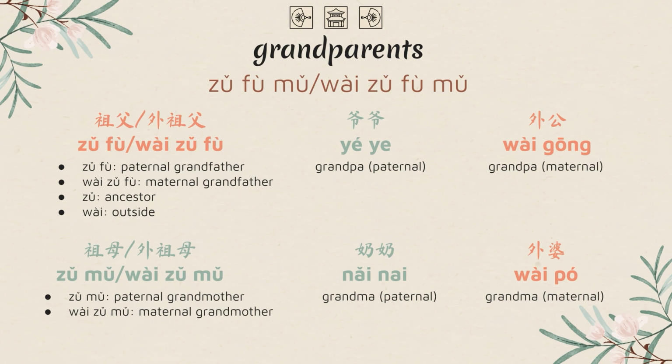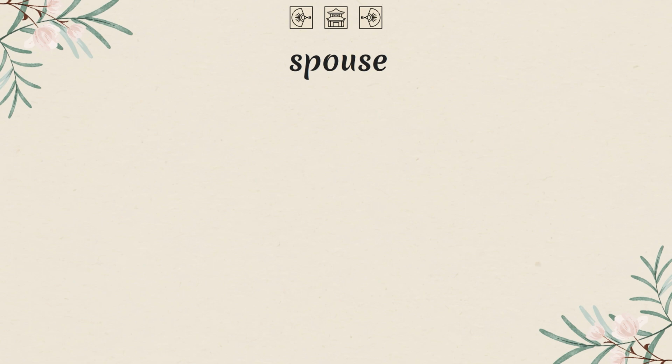Now let's move on to spouse. Spouse is a lot simpler. Okay, so we have 先生, which means both husband and Mr. So when you use it to mean Mr., in English you would put the last name after Mr., so Mr. Li. But in Chinese, you put the last name before the title.